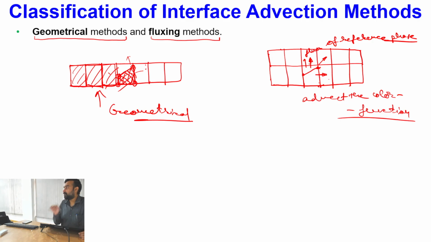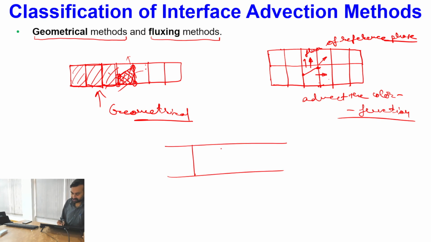However, one important point you have to consider is that the majority of the time, for estimation of the flux of the reference phase across the common boundaries of the cell, we take advantage of the geometry of the interface. If a priori we know the geometry of the interface, then it becomes easy for us to determine how much reference phase is actually crossing the boundary. This you can understand from the 1D advection of the interface. Whenever we studied the 1D advection of the interface, how did we take the advantage of geometry?